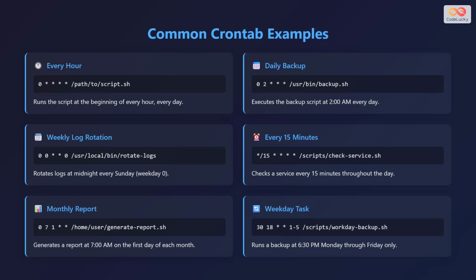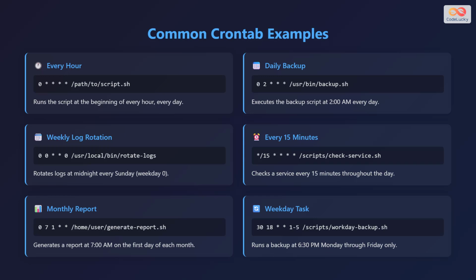To schedule a weekly log rotation, use the following entry: 0 0 * * 0 /usr/local/bin/rotate-logs. To run a task every 15 minutes, use the following entry: */15 * * * * /scripts/check-service.sh.